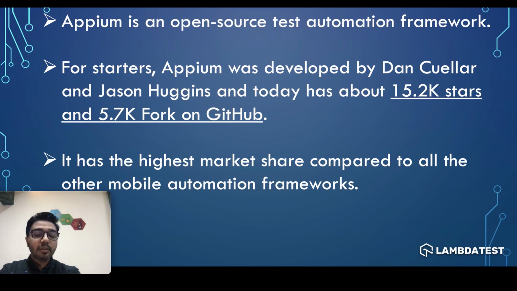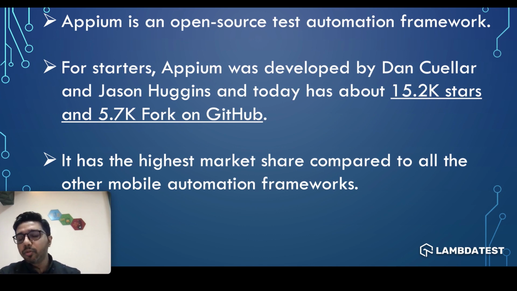That means we don't have to spend any money for a license, or any initial investment, at least to use Appium, right? So it is an open source test automation framework which will help us automate scenarios related to mobile testing. And it was developed by Dan Cuellar, as I have already mentioned.